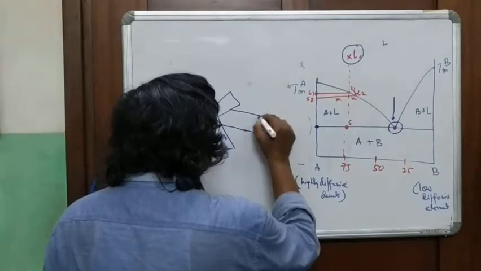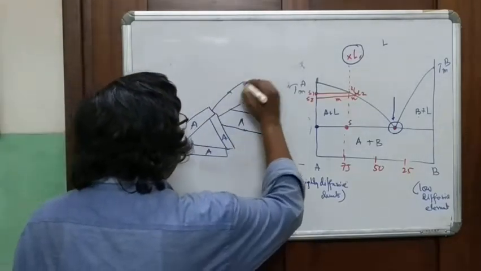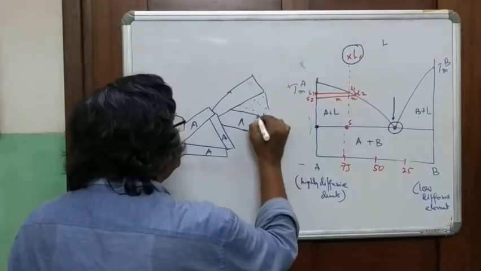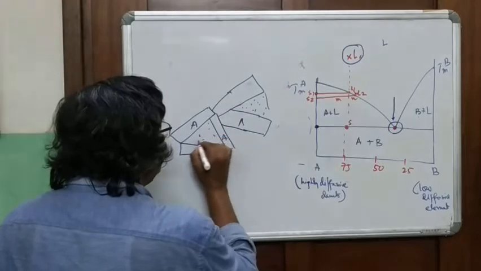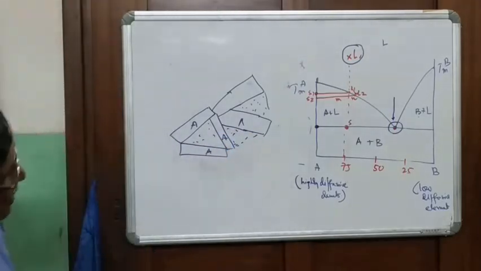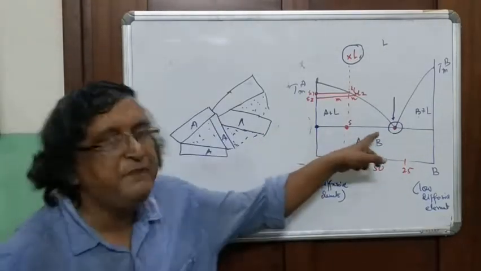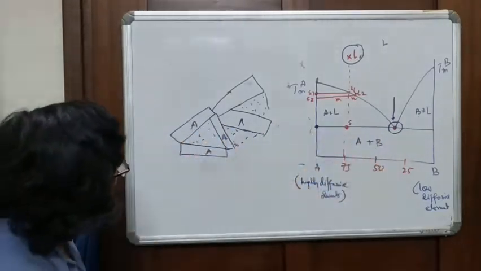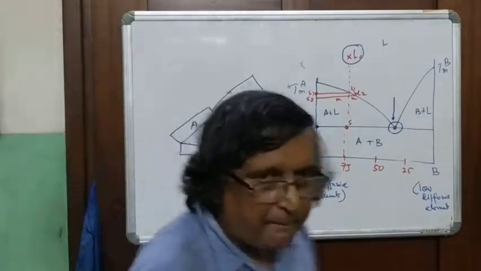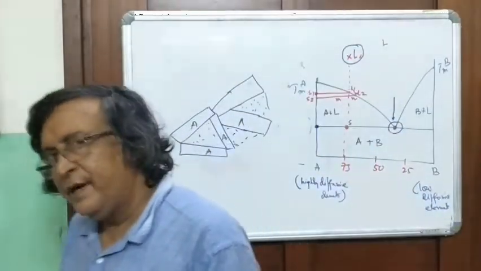So this produces crystals of A. But in between that you have these spaces. So what happens? The co-precipitation of A and B now occurs in this space that is left by the early formed crystals. Have you understood?